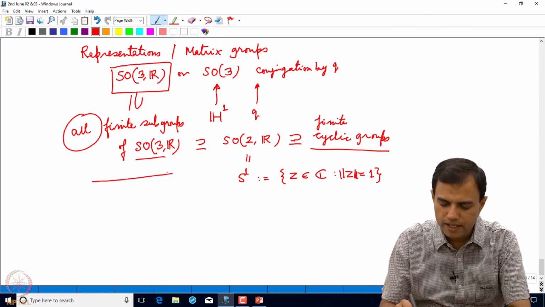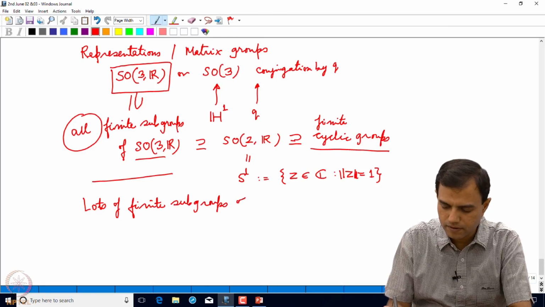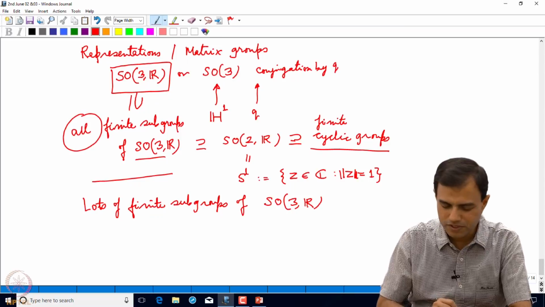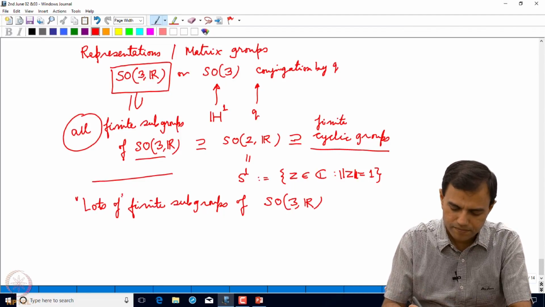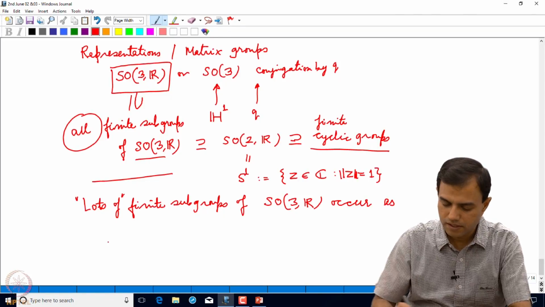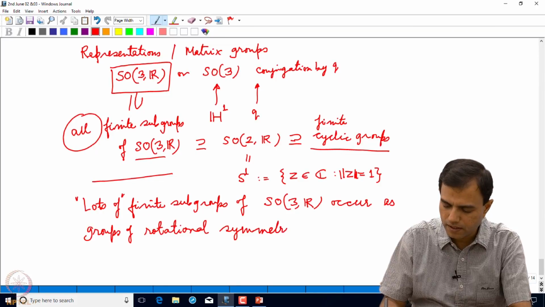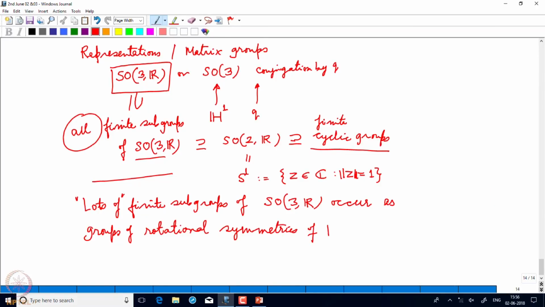Before we do that, let me mention that lots of finite subgroups of SO3, well, I should probably not say lots of, but essentially all, occur as groups of rotational symmetries of Platonic solids.